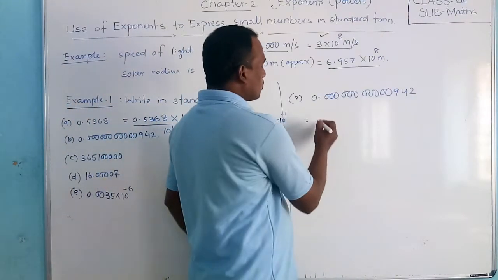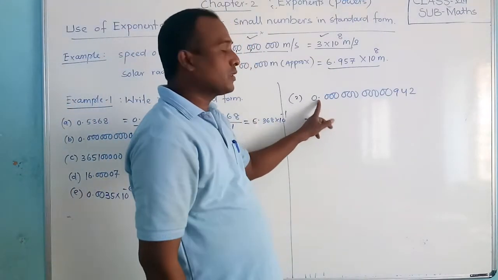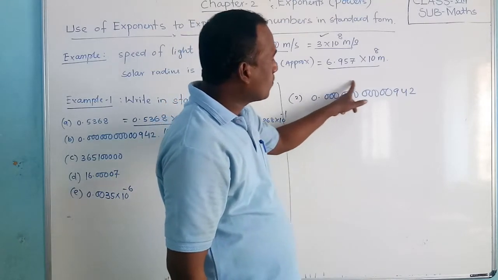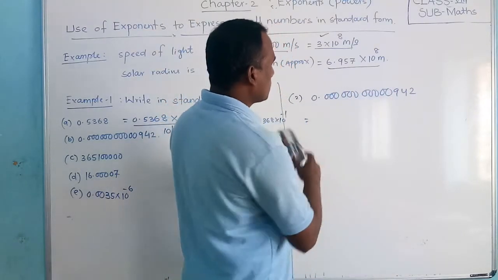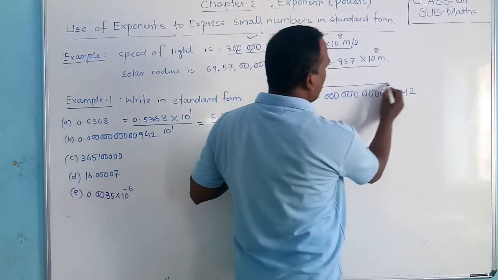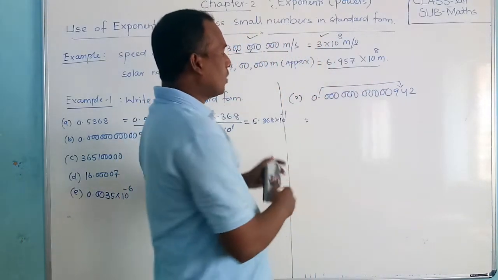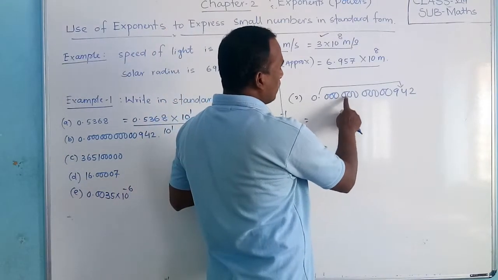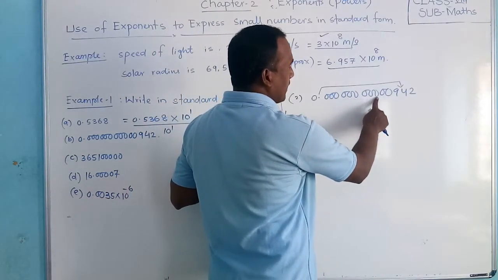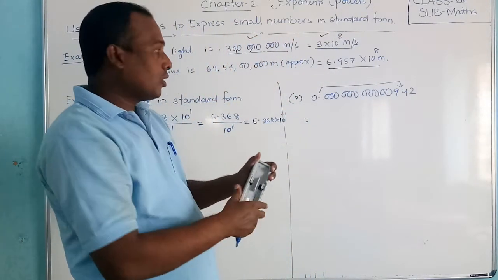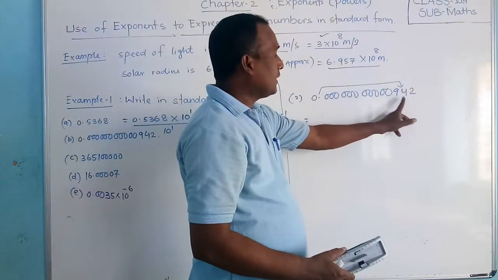Students, first of all, we should count where that decimal place will go. Now here there is nothing on the left side. That means the decimal place will move up to here. Observe, students. How many places will it go? Count: 1, 2, 3, 4, 5, 6, 7, 8, 9, 10, 11, 12 places it will go.